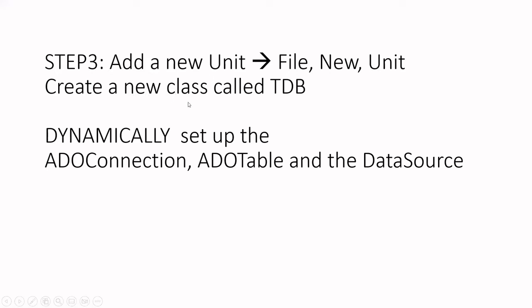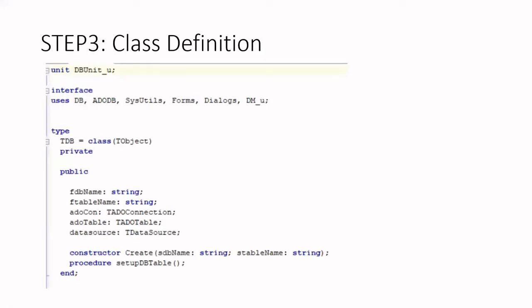This is done in the type section of the unit. And we're going to create a type called TDB. This particular class is going to have these 3 components being created dynamically. There is a procedure that will automatically set this up for us. So let's look at this particular class in more detail.